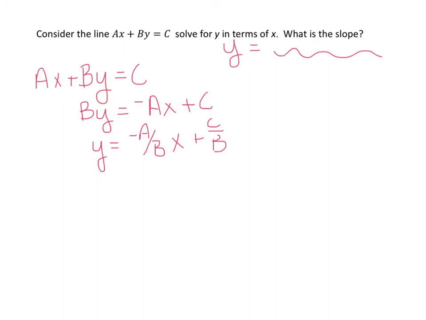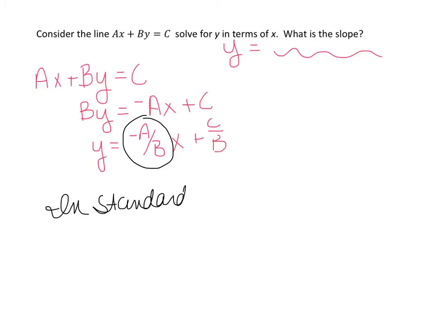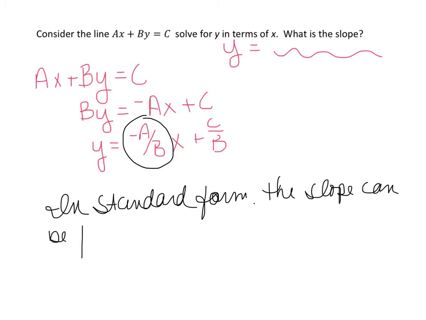So we're asked, well, what's the slope? Taking a look, we're familiar with slope-intercept form of a line. The slope is the coefficient on x. So in standard form, the slope can be found by taking negative a divided by b.